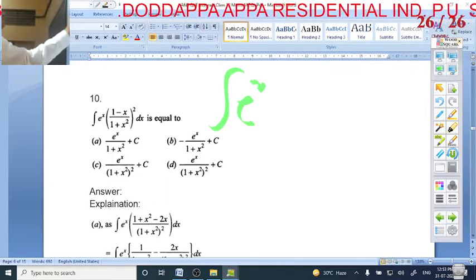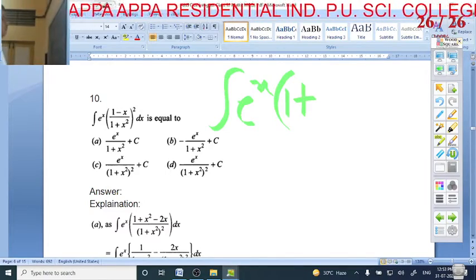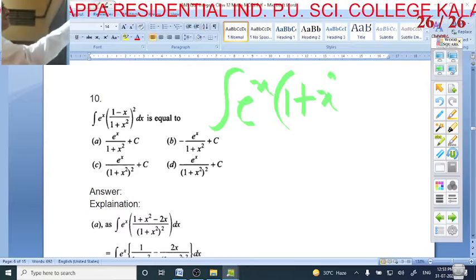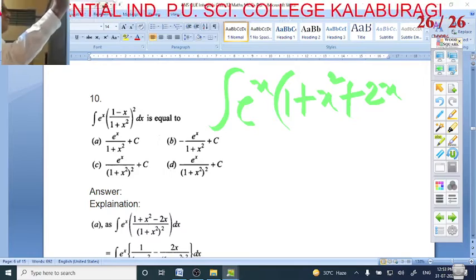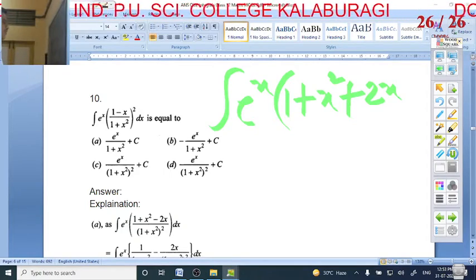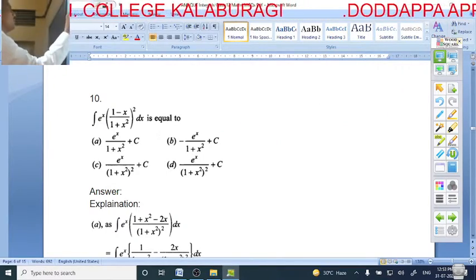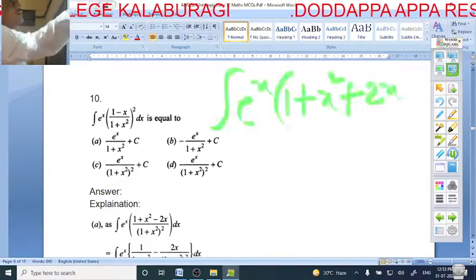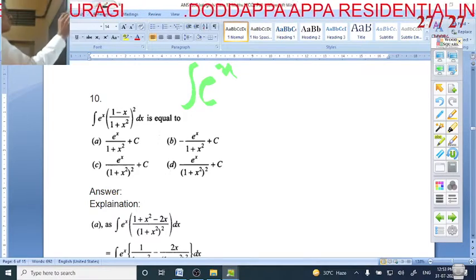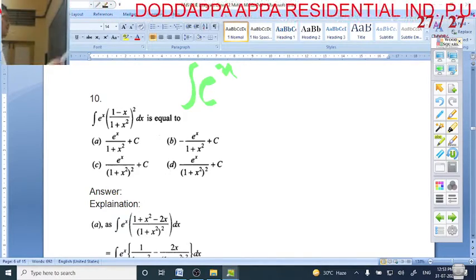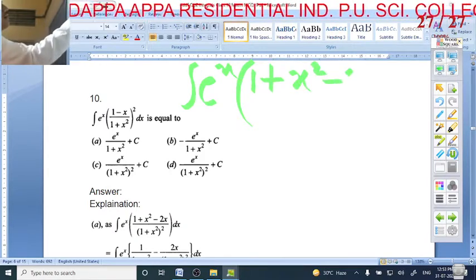e to the power x, for the numerator 1 square, 1 itself, minus x square, plus 2x, plus 1 plus x square minus, sorry, wait just a minute. So this numerator, in other words, integration of e to the power x times the numerator, which is 1 plus x square minus 2x.